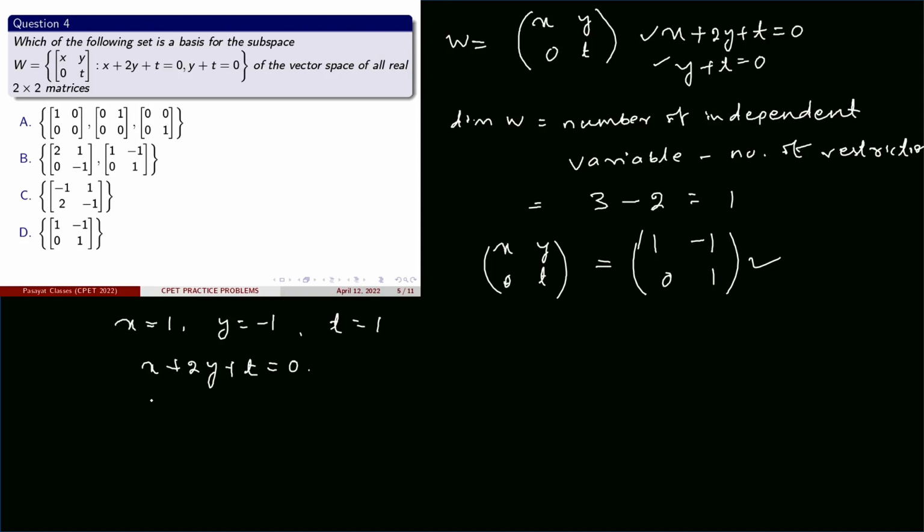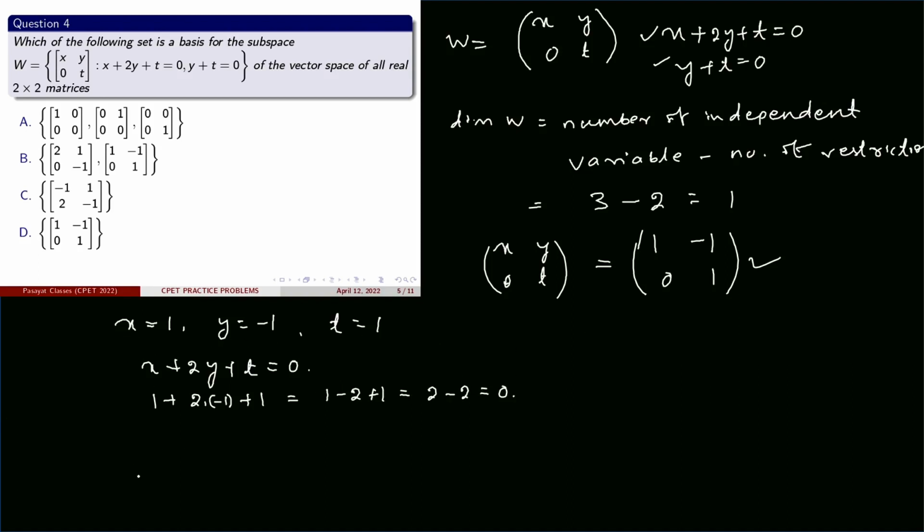So on putting the values, this is 1 plus 2 into minus 1 plus 1, which is 1 minus 2 plus 1, which is 2 minus 2, which is equal to 0. So this is satisfied.